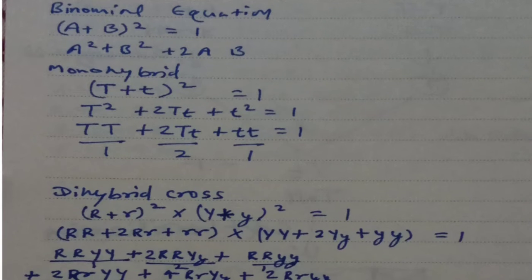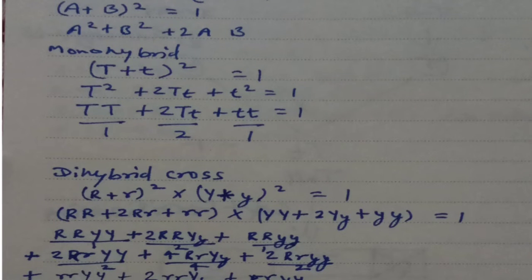This is the binomial equation. Generally, the binomial equation is (a + b) whole square equals a square plus b square plus 2ab. This is written here, and we can apply this binomial equation in the Hardy-Weinberg rule in ecology and genetics also. So we can use the hybrid, that means the F1 generation genotype, to recall the genotype and phenotype of the F2 generation.